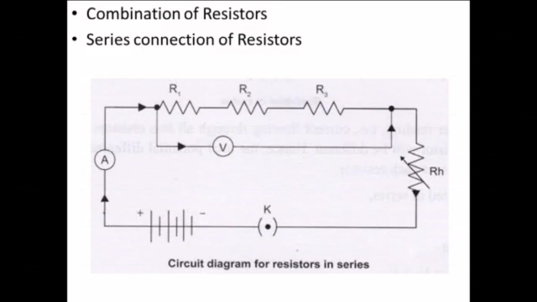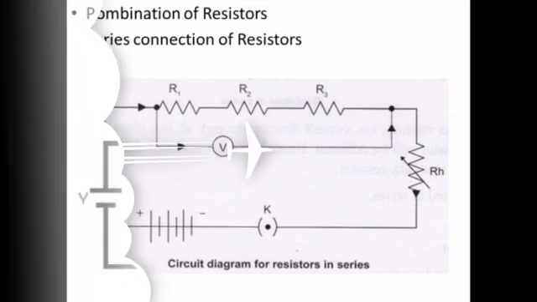The total voltage drop across all the resistors connected in series equals the sum of the voltage drop across each resistor. Next, the magnitude of equivalent resistance is always greater than that of the largest resistance.